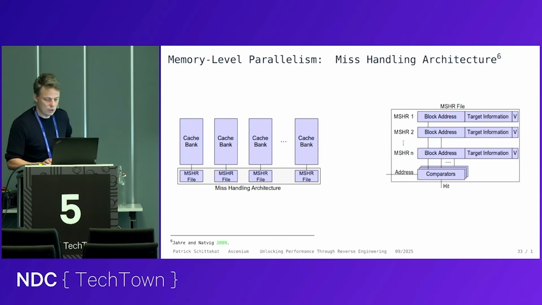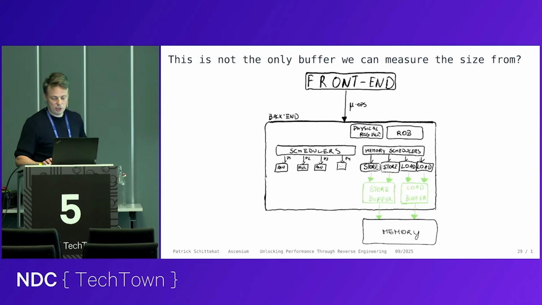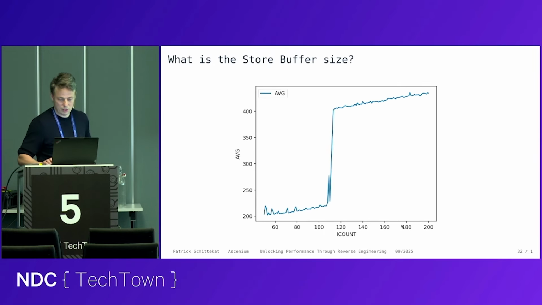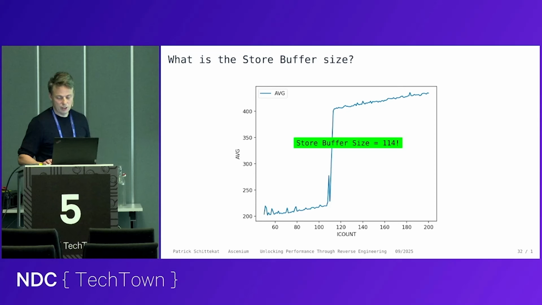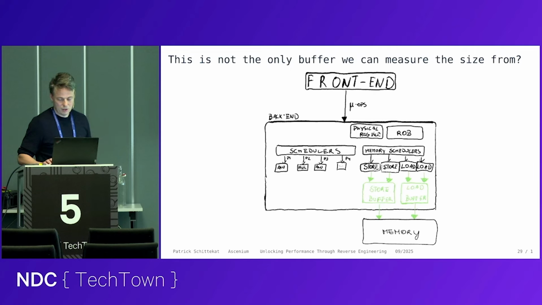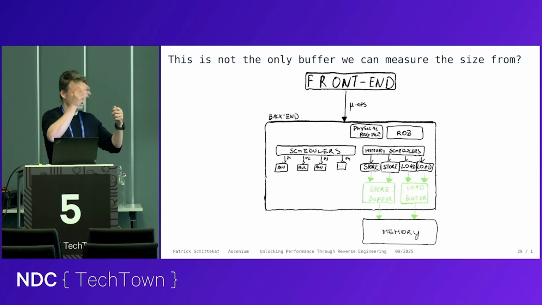Now a bit the same thing. So here in memory, on this part here, you also have another structure. It's called the miss handling architecture. What's important there? There is also a kind of hardware structure that keeps all the cache misses. So if you're missing cache, they say, okay, I need to wait.